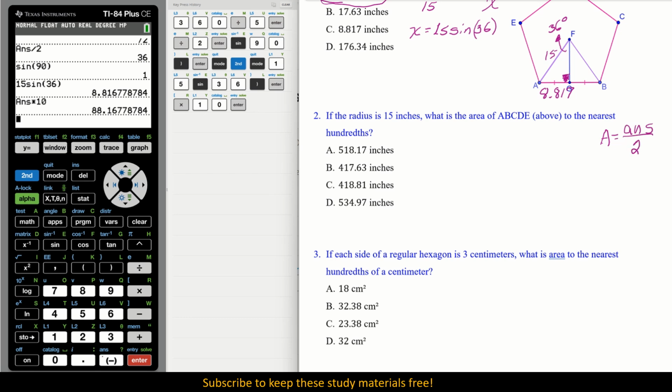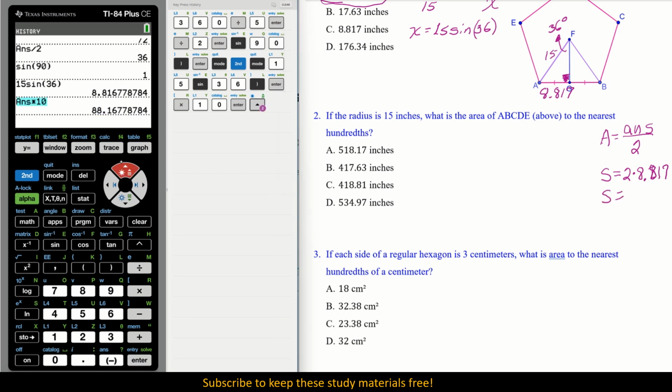And for our purposes, the length of the sides equals 2 times 8.817. We can put that in our calculator and get a rounded number.